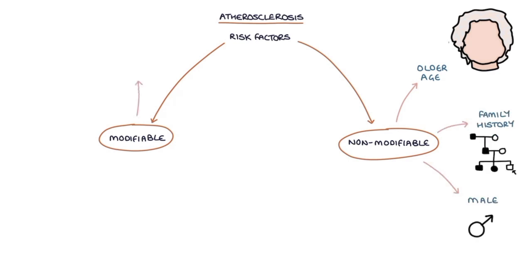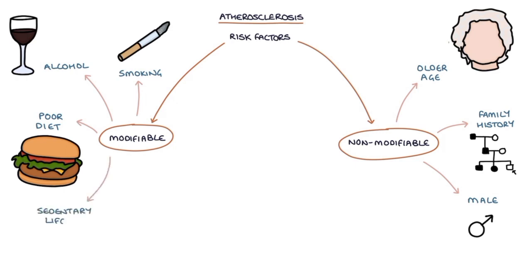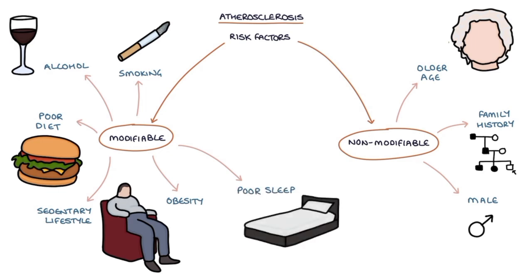The modifiable risk factors are smoking, alcohol consumption, a poor diet, which is high in sugar and trans fat, and low in fruit, vegetables, and omega-3s, a sedentary lifestyle with little exercise, obesity, poor sleep, and increased stress.